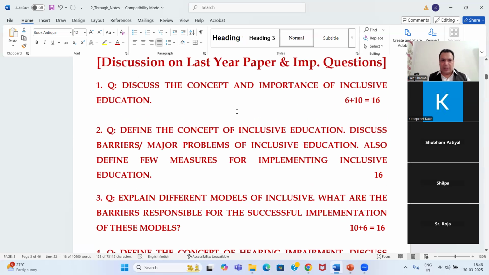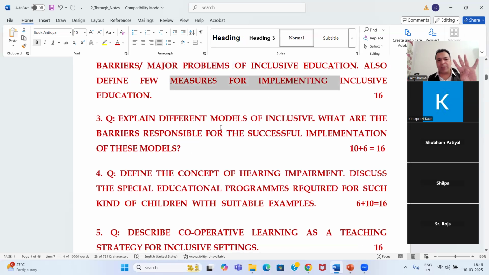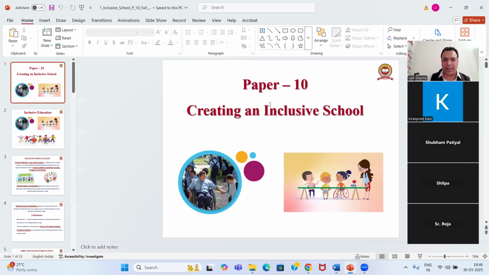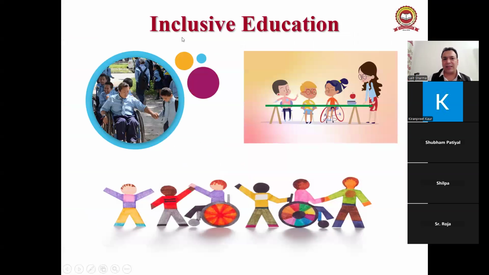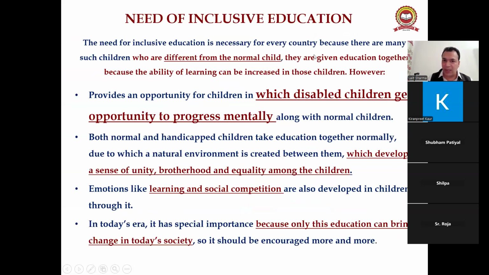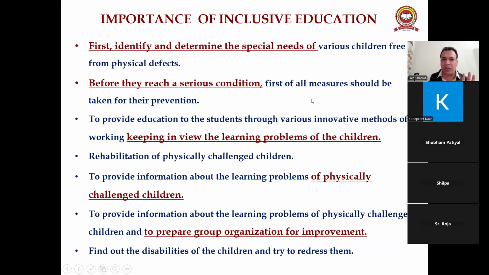So guys, first, discuss the concept and importance of inclusive education, barriers and a few measures, these 3 things, and fourth is models. These 4 things we have already discussed in the last PPT. Under this we have thoroughly discussed inclusive education, need of inclusive education, features and importance of inclusive education.